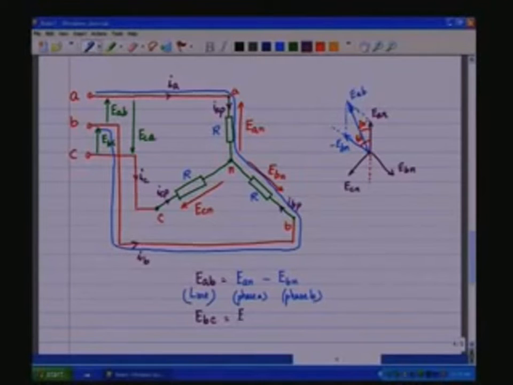So, it will be EBN minus ECN, and likewise ECA. So, for ECA we are considering this loop as shown by the cursor.